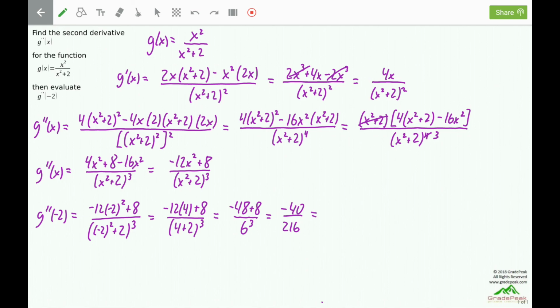Now these are reducible by at least a 4, so let's take a 4 out of each of them. That'll give us a negative 10 over a 54. And then we can take another 2 out of them, and that will give us a negative 5 over a 27. It doesn't look like we can reduce any further, so we'll leave it as that, negative 5 over 27.